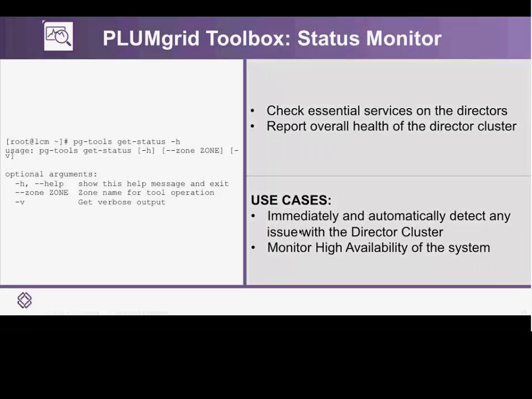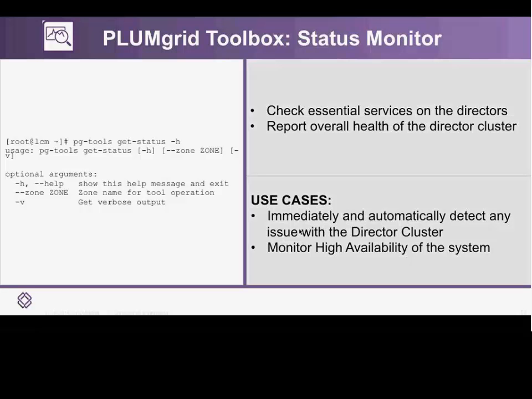Status Monitor really focuses on the director cluster. As you all know, the director cluster is a key component of the system, and it's obviously important that we are always aware of all the services and the health of each service running on the director, as well as the overall cluster health.